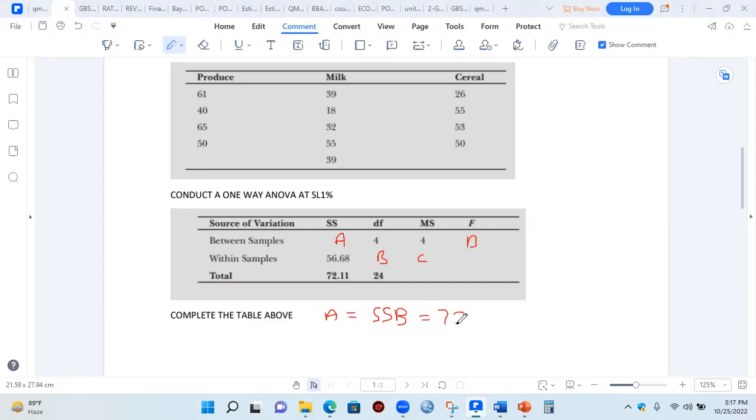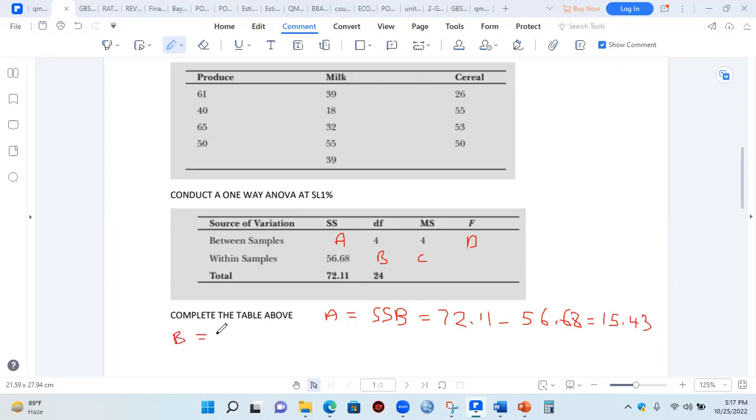So it's 72.11 minus 56.68. What do we get? 15.43.